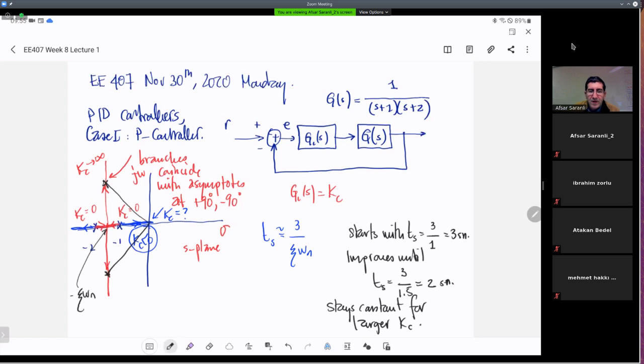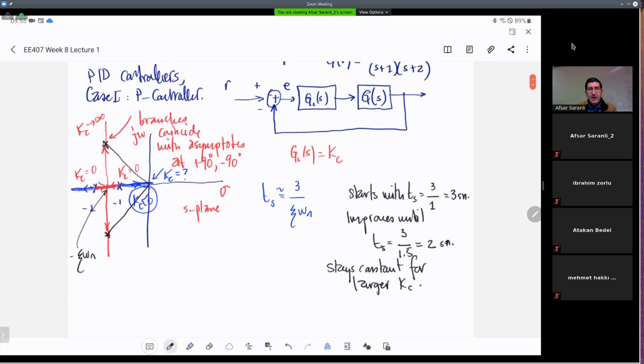Any questions so far? In terms of the settling time, the P controller, the proportional controller, gives us an always stable system with a settling time that starts at 3 seconds. If we increase the gain, the settling time improves until it is 2 seconds, which happens at the breakaway point. Afterwards, because the projection to the real axis stays the same, the settling time does not improve anymore.